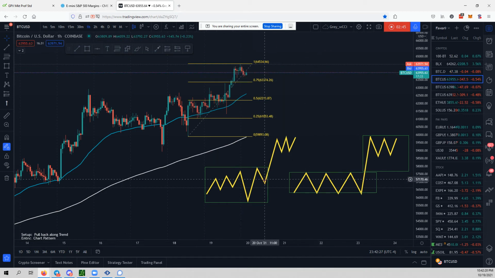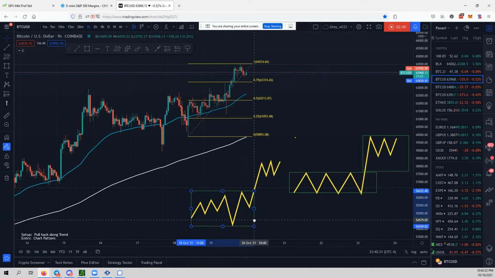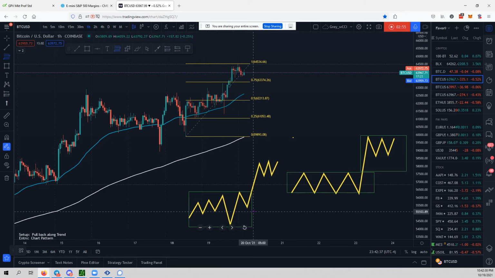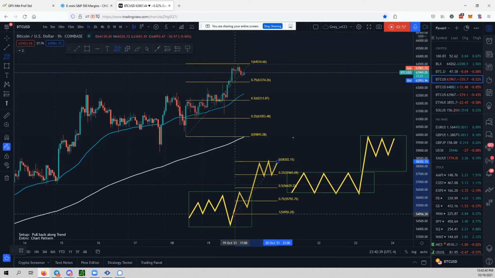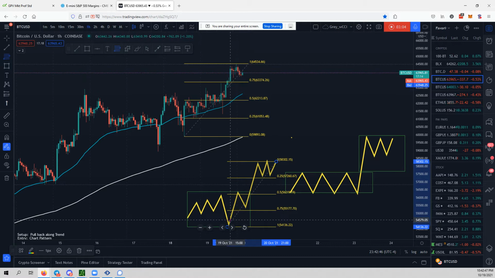Previously you might have had your fibs like this, like that. But the correct fib placement would be like this.